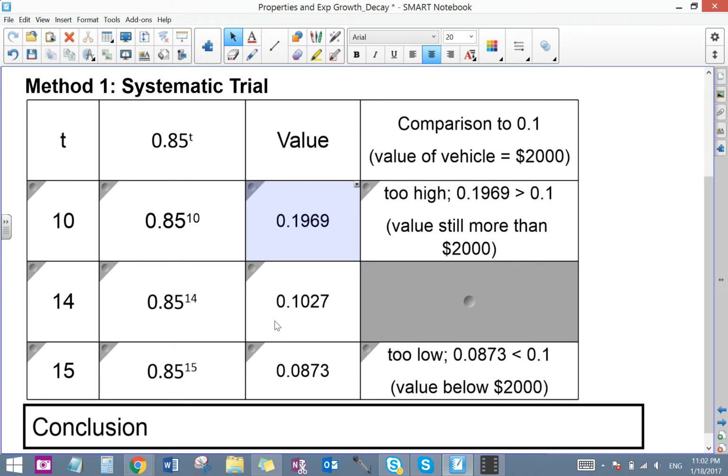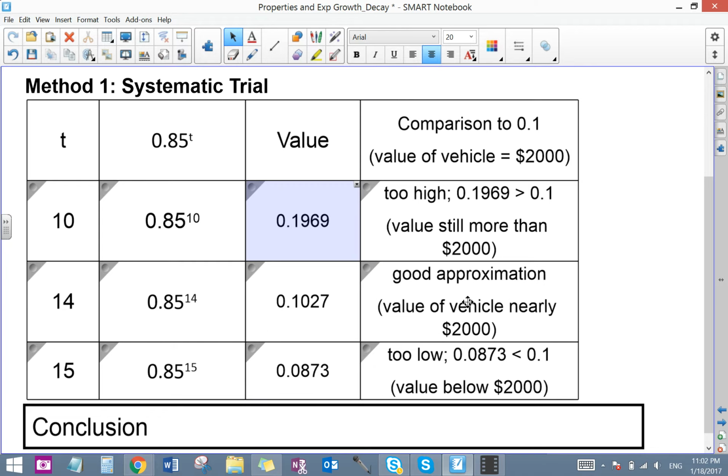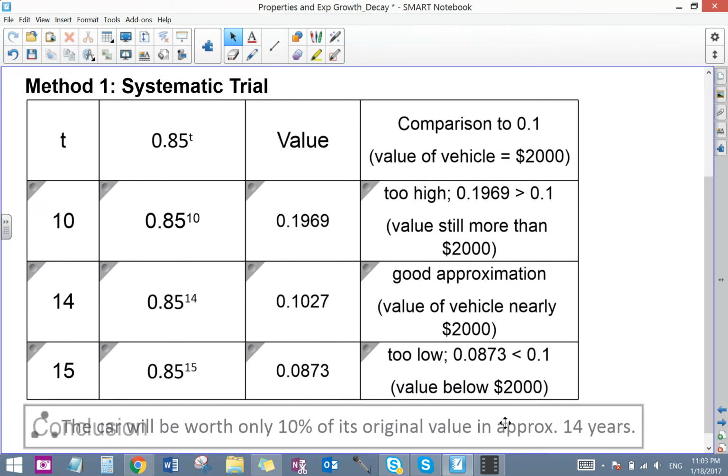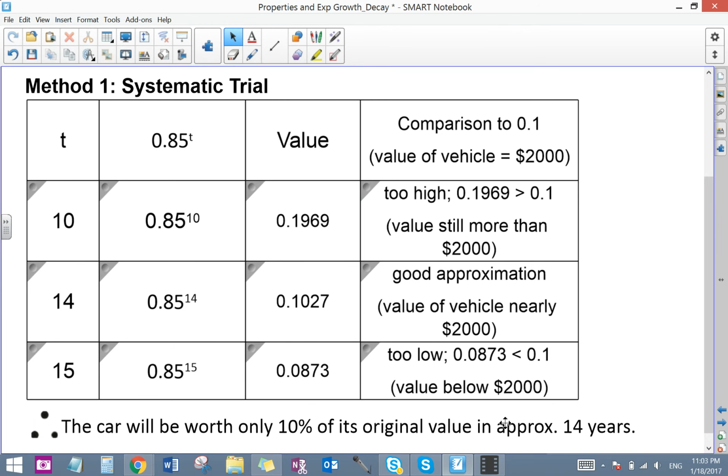So still not quite enough, but for the purpose of systematic trial, that's a good approximation for us. So the value of the vehicle is now nearly $2,000. So we can conclude that it'll only be worth 10% of the original $20,000 in about 14 years.